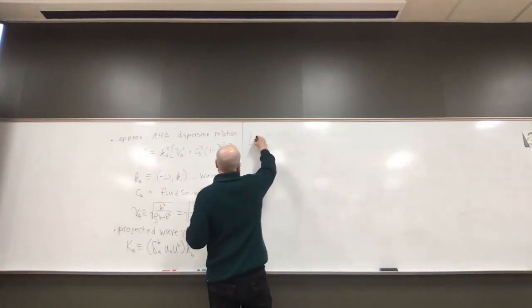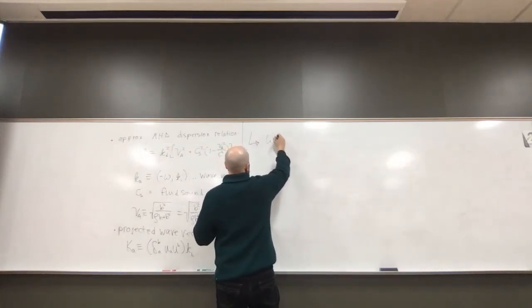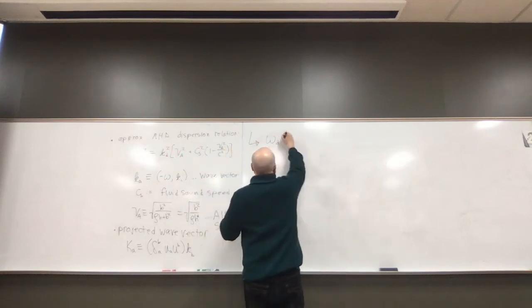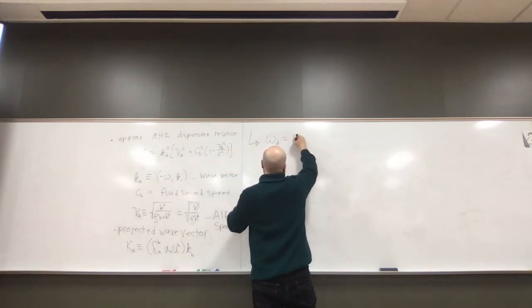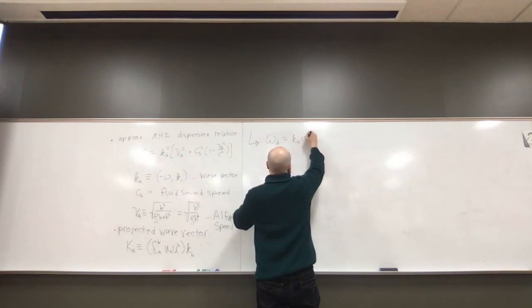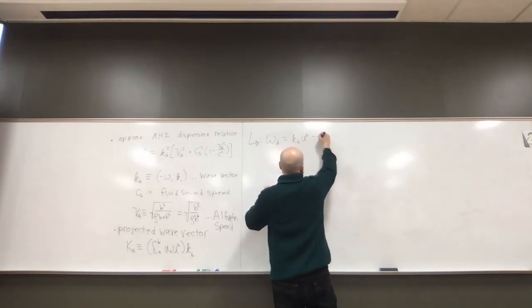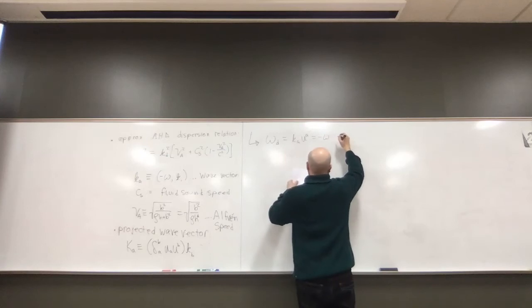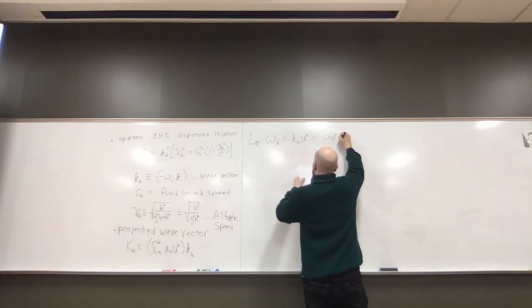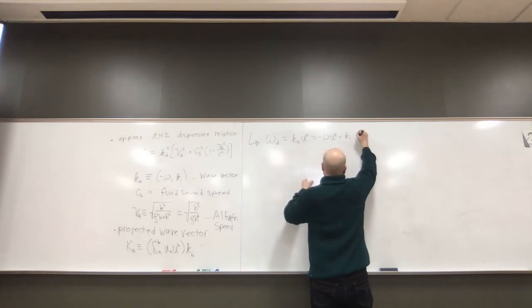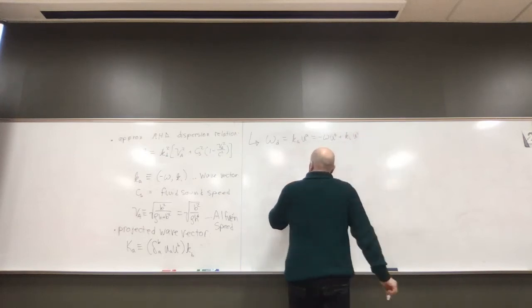This makes the dispersion relation, this frequency, omega_d, is equal to K_a, the wave vector, U^a, which is equal to minus omega U^t plus k_i U^i. Like that.